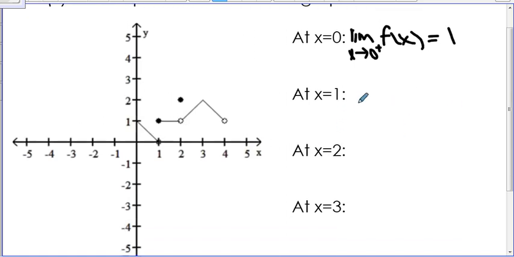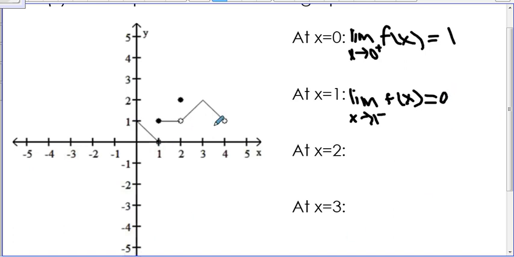All right, so if we're looking at the second part, we've got 1. We actually do have two different pieces. So the limit as x approaches 1 from the left-hand side of f of x is equal to 0.